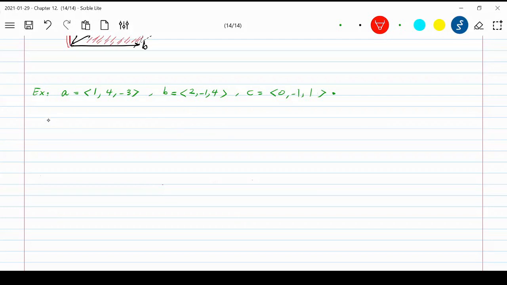So what you need to calculate is A dot B cross C. First figure out what B cross C is, then do A dot that, and at the end take the absolute value. This will give you the volume of the parallelepiped.